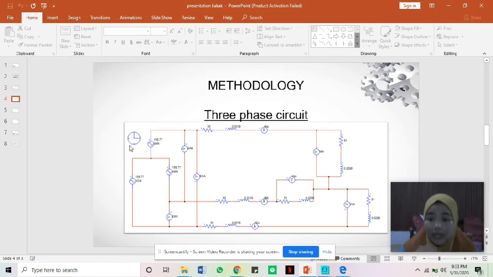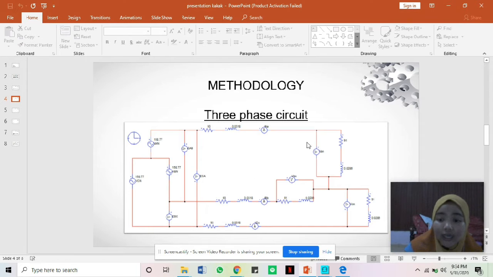So first of all, I determine the phase voltage at the generator. We were given the line voltage. As we know, for the Y to Y connection, the V phase at the generator is equal to the V line divided by square root 3.